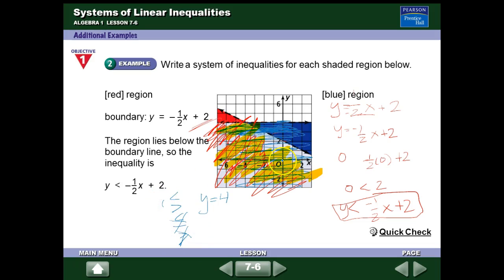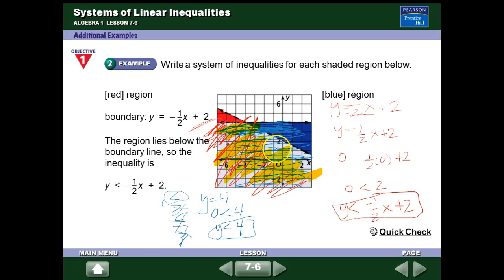So let's plug in our 0 value, and we don't have an x, so we just plug 0 in for y. 0 is what to 4? Well, 0 is a solution, so this has to be true. So 0 is less than 4. So we're going to use our less than sign. So y is less than 4 is my other inequality. So I end up using this one here. So this is out.